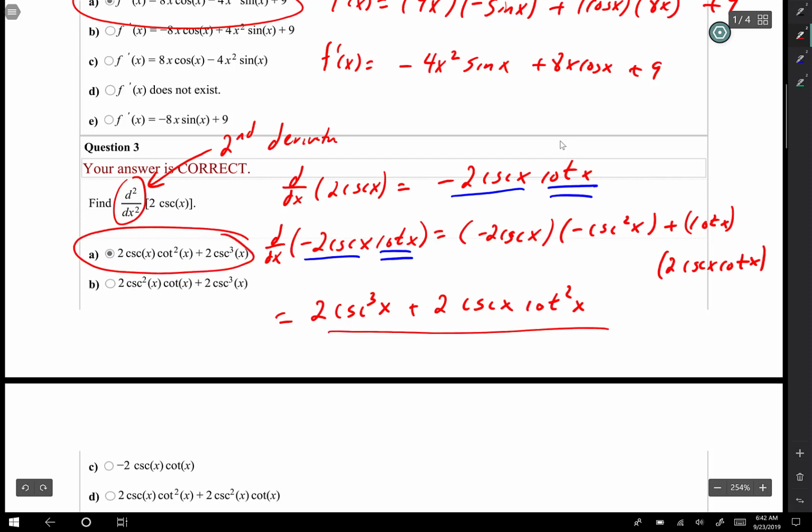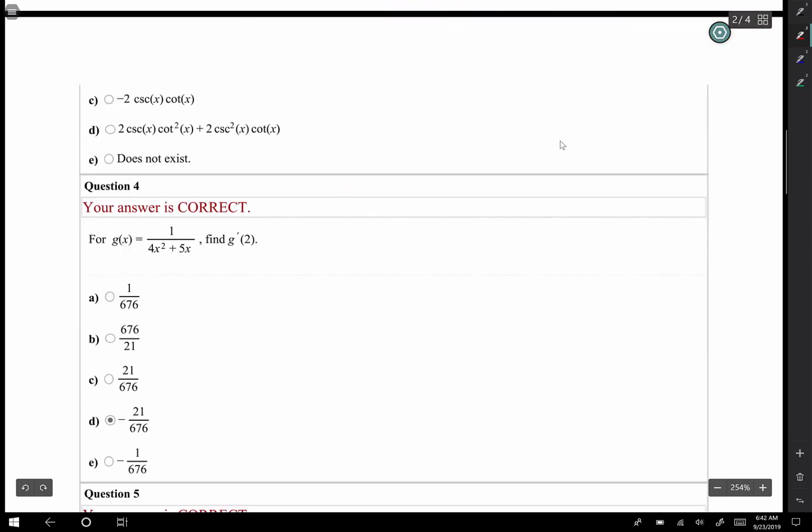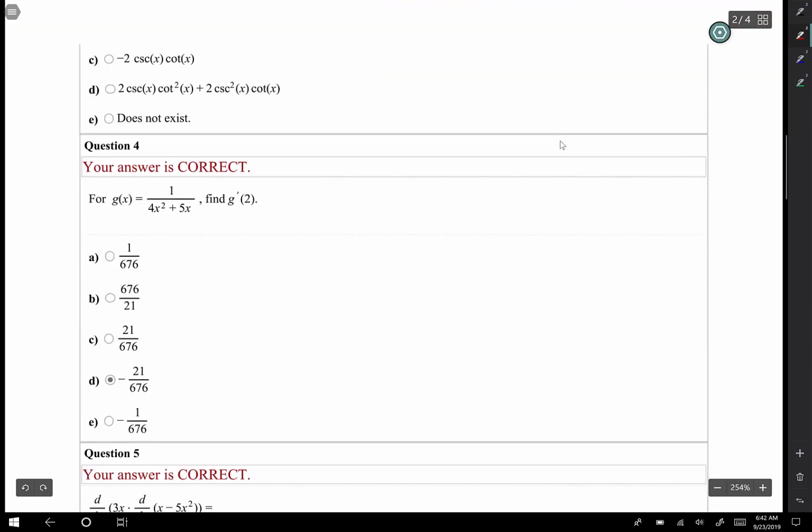And there you go. Cool, guys. All right, let's keep going. This one wants the derivative evaluated at 2. I do not recommend using the quotient rule. You can if you want, but anytime you have a constant in the top, it's just easier to do chain rule. Just move everything in the bottom to the top. So g of x equals, before taking the derivative, parenthesis 4x squared plus 5x to the power negative 1.